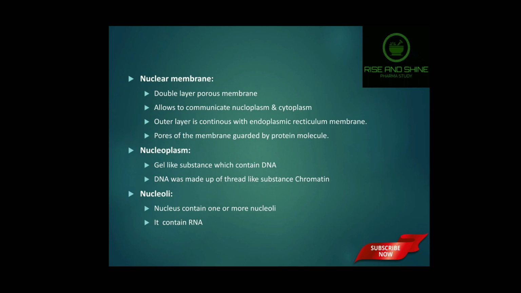Before the division, the chromatin becomes rod shaped. They consist of 46 chromosomes in all cells except the gametes, which are also known as sex cells. It becomes 23 pairs of chromosomes which carry the hereditary and individual characteristics from one generation to another.